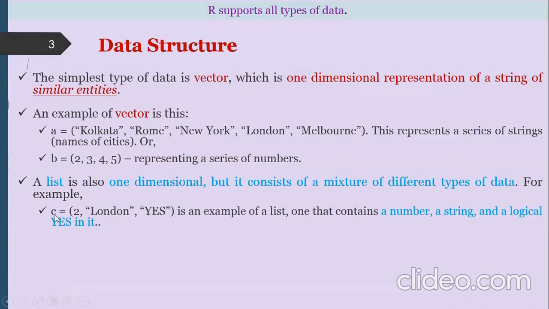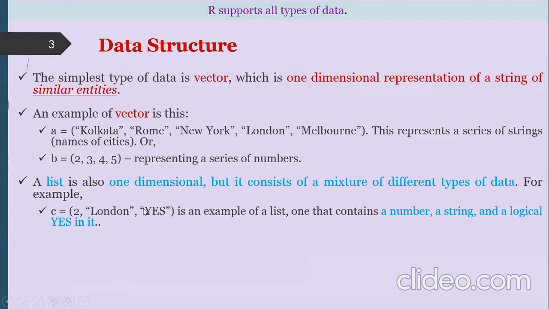For example, C is equal to 2, then in inverted commas length, and then yes. This is an example of a list. This is a number, this is a string, and this is a logical argument. So these are three different types of entries.